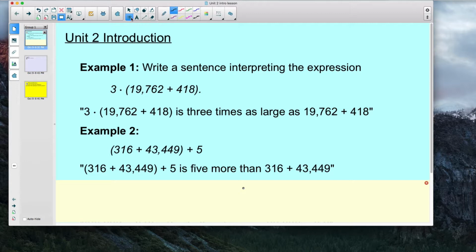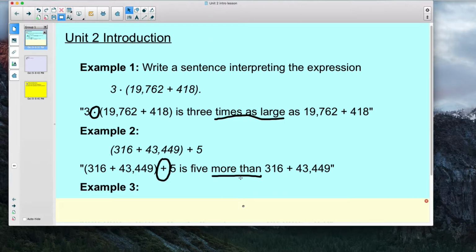I want you to really highlight, in this one, more than, because we're dealing with addition. And in this one, we're dealing with multiplication, so you're saying it's 3 times as large. So just making sure we have the right language here.